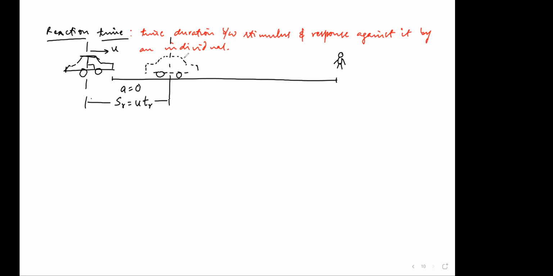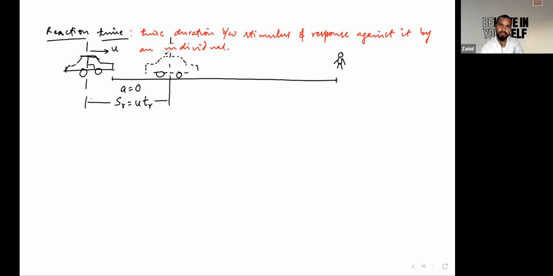Now, in response, the driver would apply the brake, the car initially moving at some velocity u. On applying brakes, this car would get retarded by some retardation A. So this is taken as retarded motion.